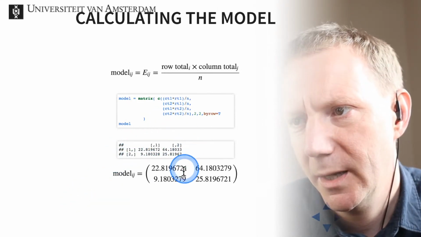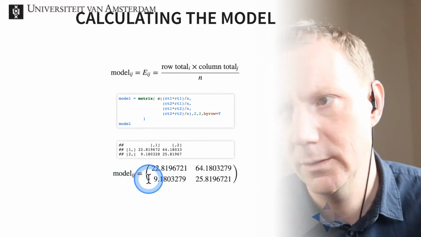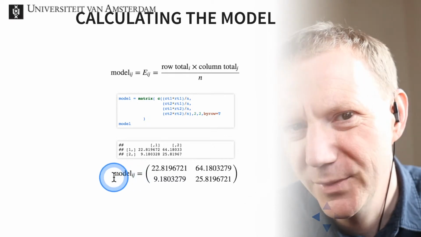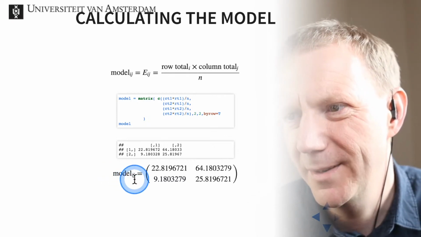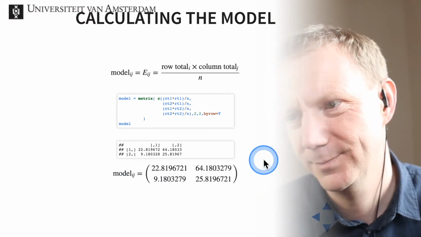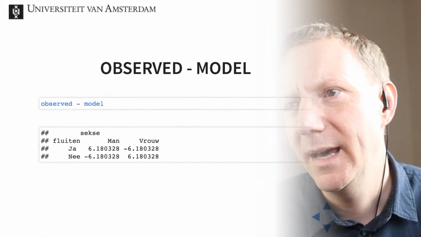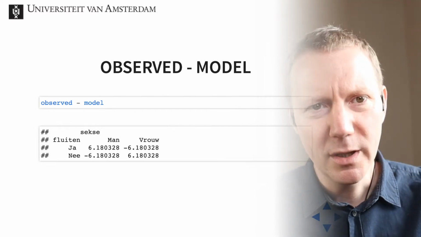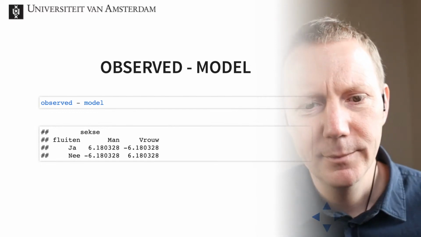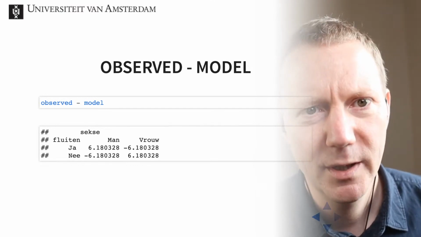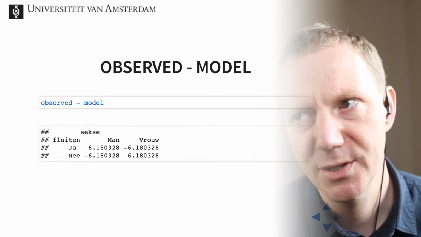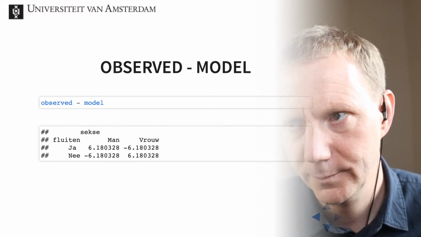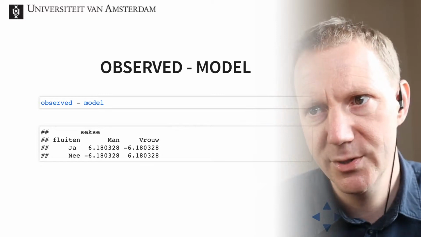So these are the results that I get with R. I also put them in a bit of a formal notation, putting them in the model ij matrix. And what I want to know now is, well, how much does my data deviate from what I would expect based on the margins? So I have to simply subtract the model from the observed values.